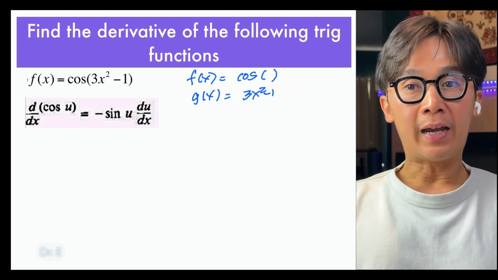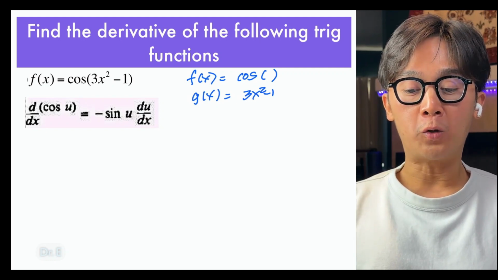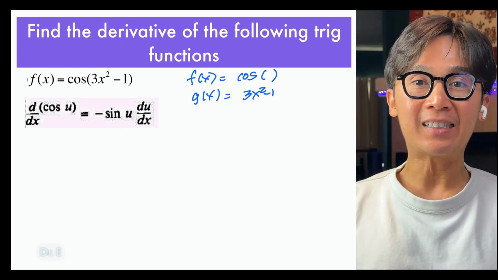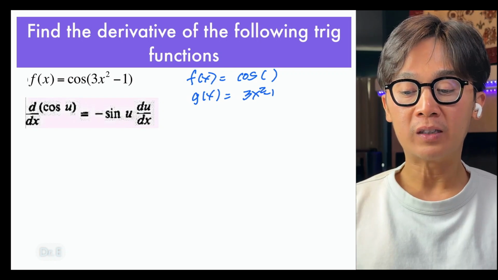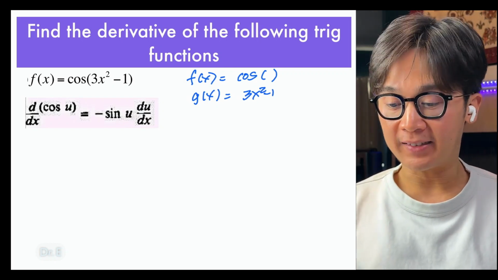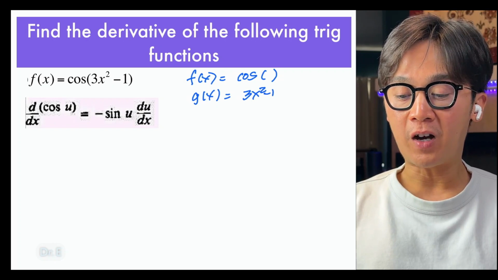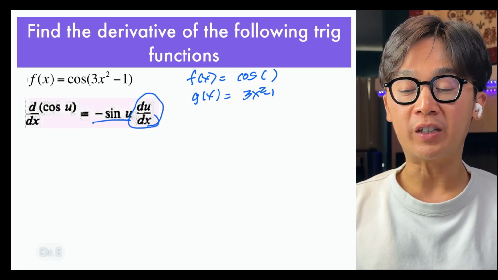In our formula, the derivative of cosine u is negative sine u times du dx. So basically, this is your main function, and this is your sub-function du dx.